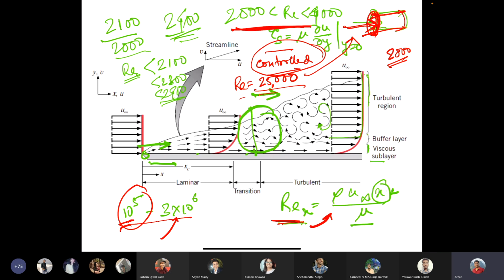Even till this point, the chances of laminar conditions prevailing exist if you do a controlled experiment. Again, it's not always 3; some textbooks say 5. So basically it varies: someone says 5 into 10 to the power 5 to 3 into 10 to the power 6. This kind of range.